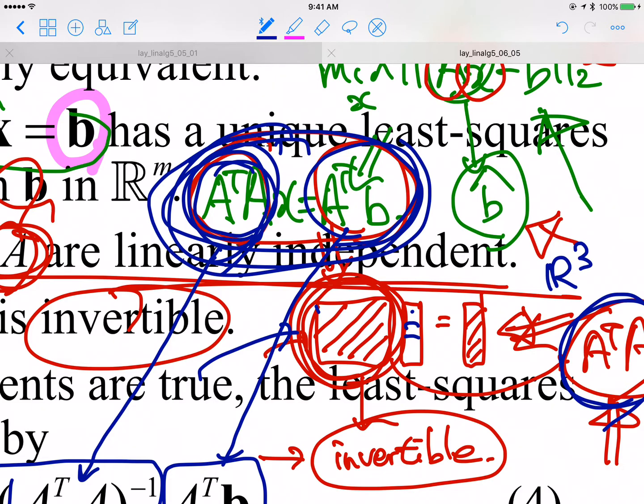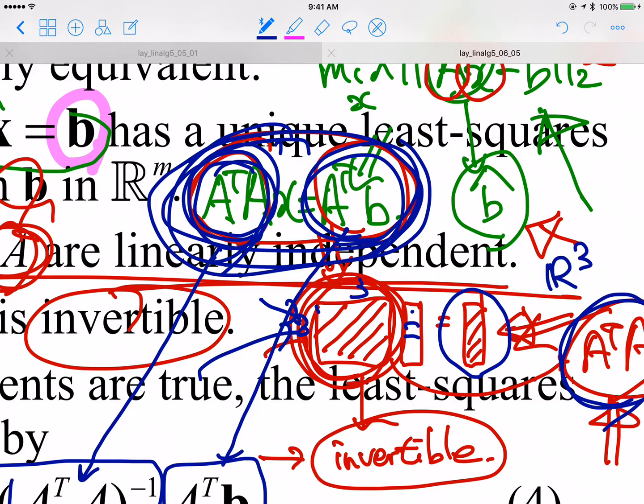If A was 3 by 3, the columns will not fully span the entire three-dimensional space, right? And then what if this vector, which is our A transpose B, is outside of the column space of this matrix? In that case, this linear system may not have a solution, right?